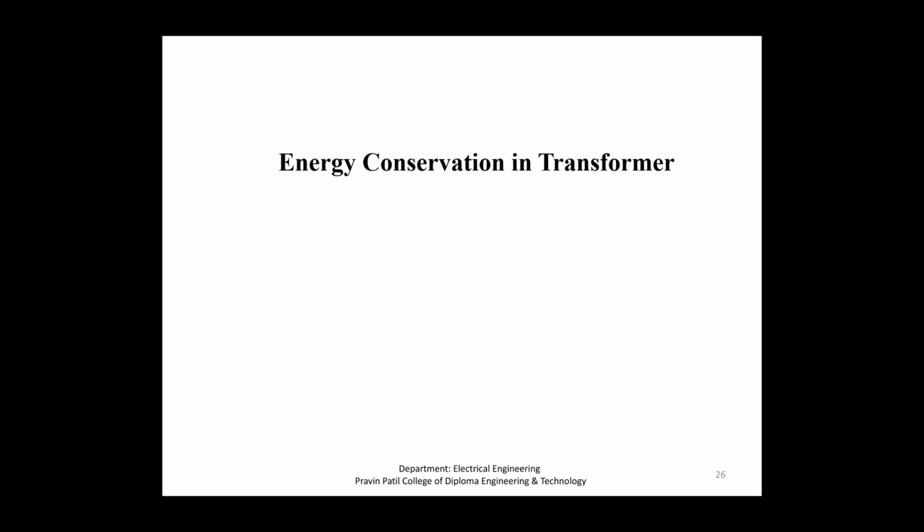The first one, transformer. Transformers are electrical devices consisting of two or more coils of wire used to transfer electrical energy by means of a changing magnetic field.